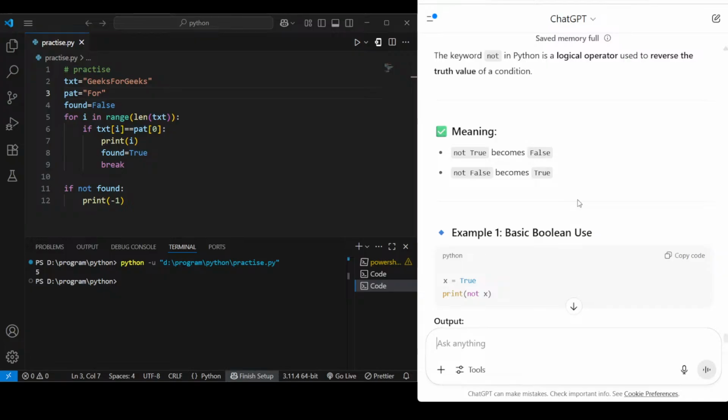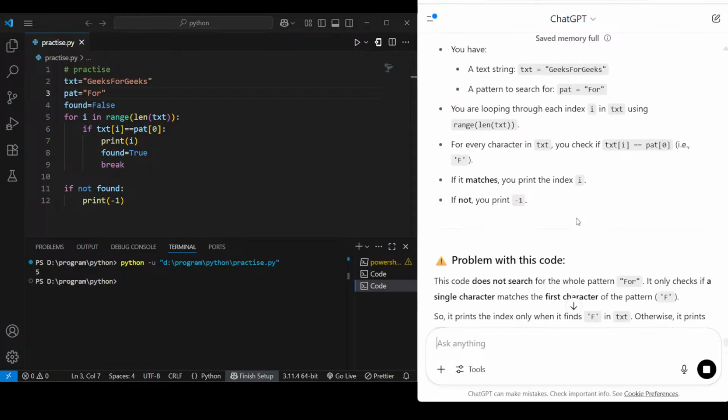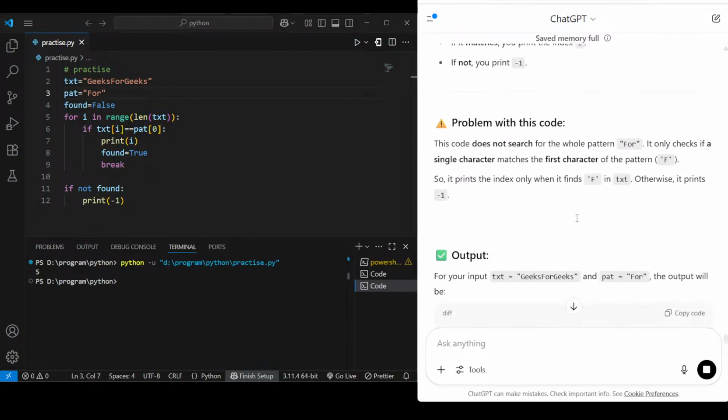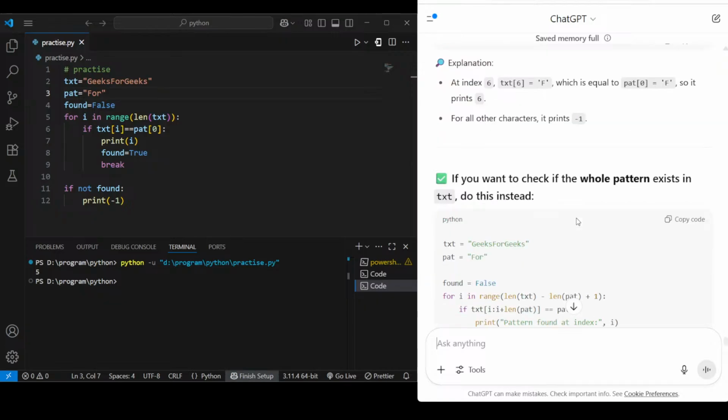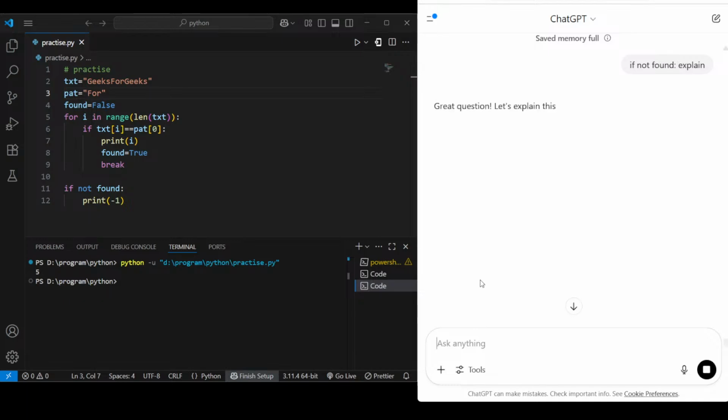What is it actually saying, not true? Yeah, if not true. Explain.